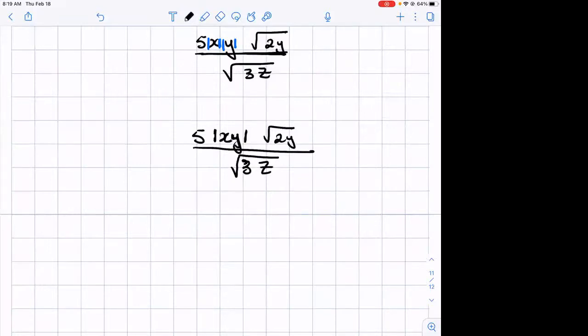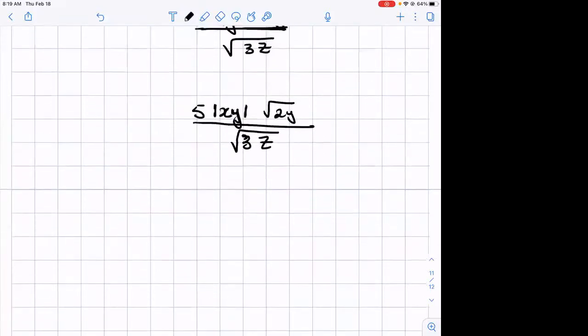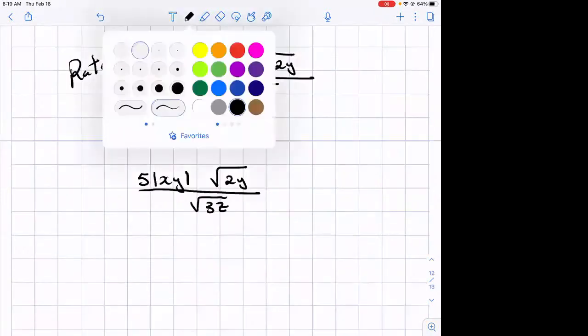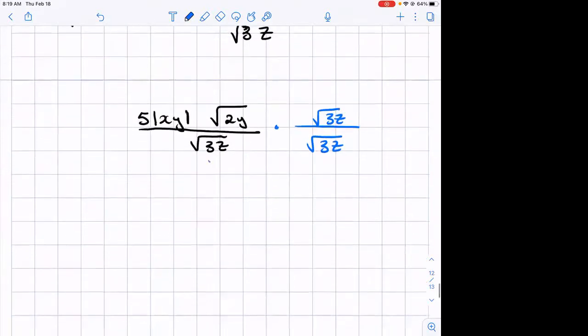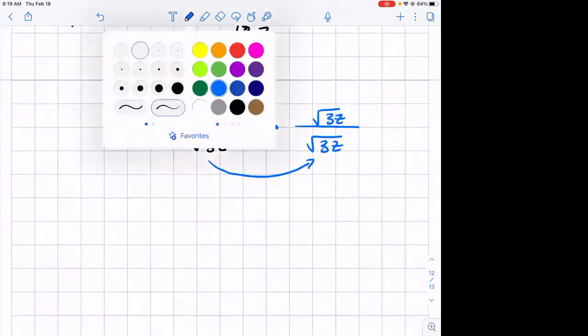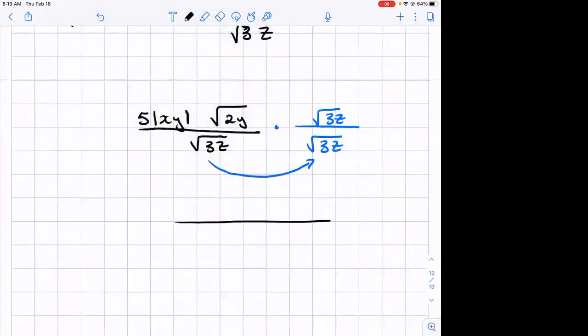Now, notice we have a radical in the denominator, so we have to rationalize. Okay, and in order to rationalize this, we'll multiply top and bottom by the root of 3z. So when you multiply these two, that denominator becomes 3z, root quantity squared. And the numerator, we have 5, the absolute value of xy.